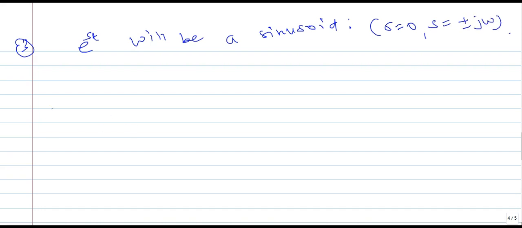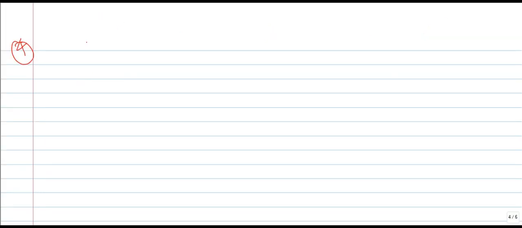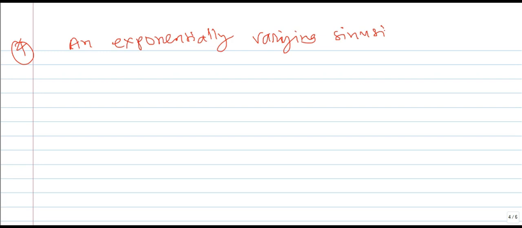So we'll get a sinusoid cos omega t, and its graph will be like this. In the fourth case, this will be an exponentially varying sinusoid, and this will happen when s is equal to sigma plus j omega.